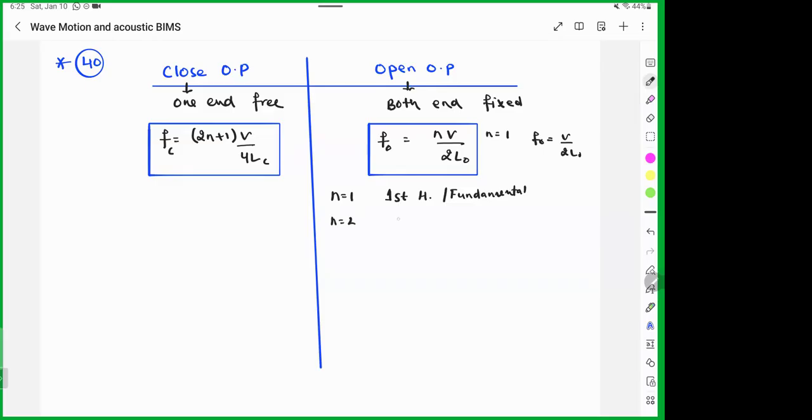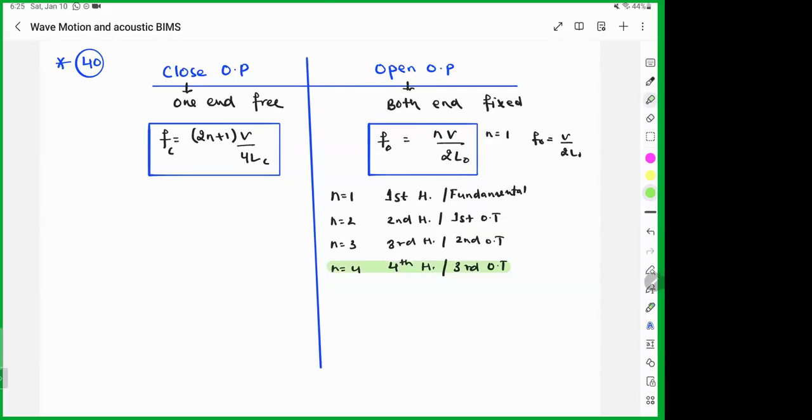If n value is 2, it will be known as the second harmonic and first overtone. If n value is 3, it will be the third harmonic and second overtone. And if n value is 4, then it will be the fourth harmonic and third overtone. Yes or no, guys? Yes.